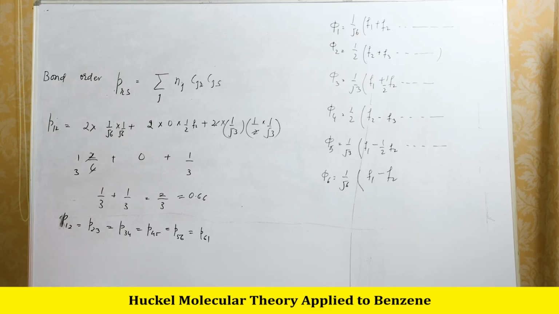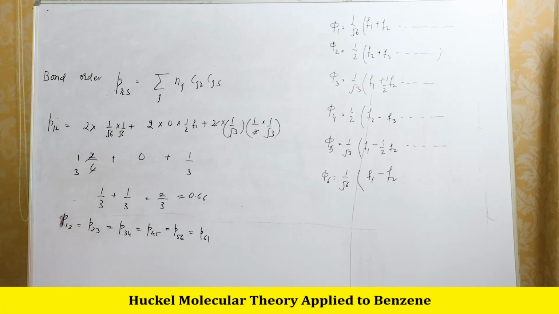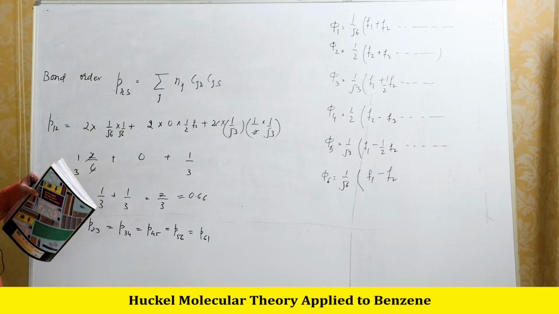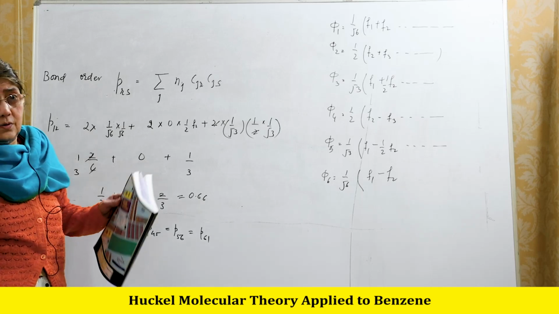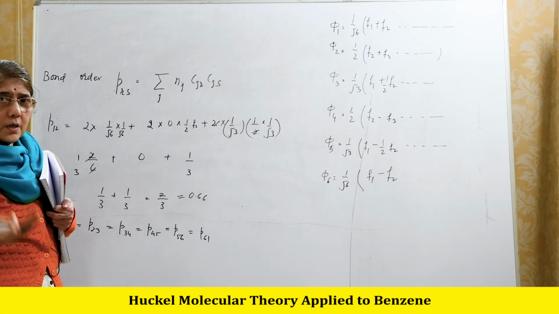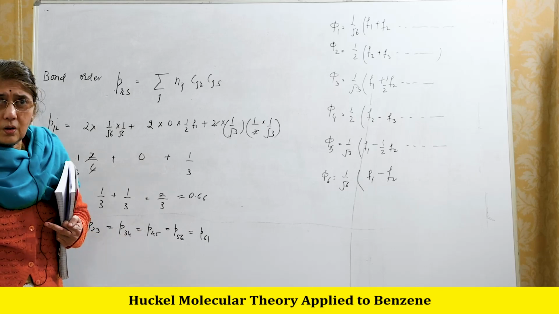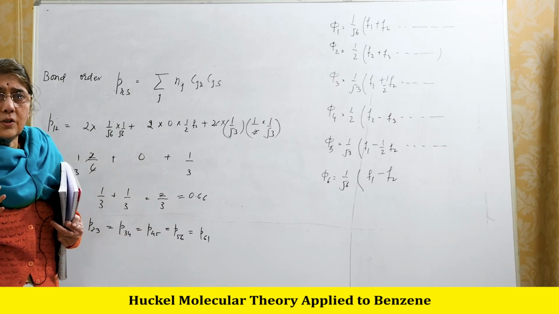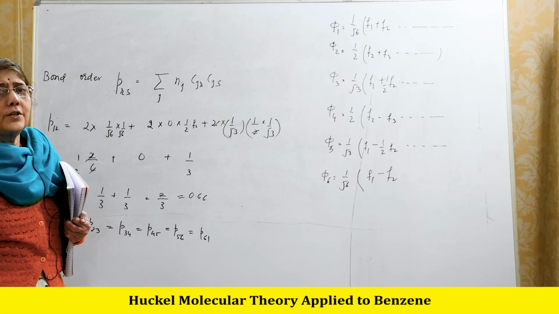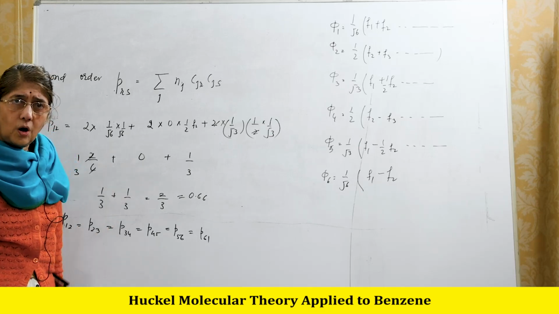In my videos on bond order, charge density and shape of the molecules, please, if you want detail, you can go through my videos which I have uploaded in detail for determinant calculation, molecular orbital calculation, and charge density, bond order and shape of the molecules. So this is all about Huckel molecular orbital theory.